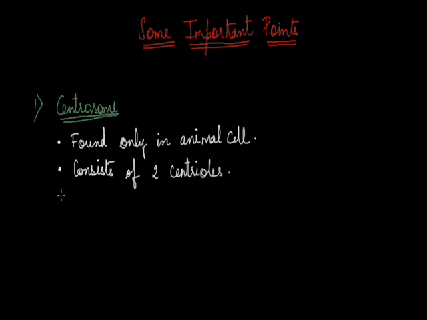Centrioles or the centrosomes are composed of the microtubules. They are made up of. We have studied the three types of filaments that make up the cytoskeleton, that is microfilaments, microtubules and the intermediate filaments. So it is the microtubules that make up the centrosome.